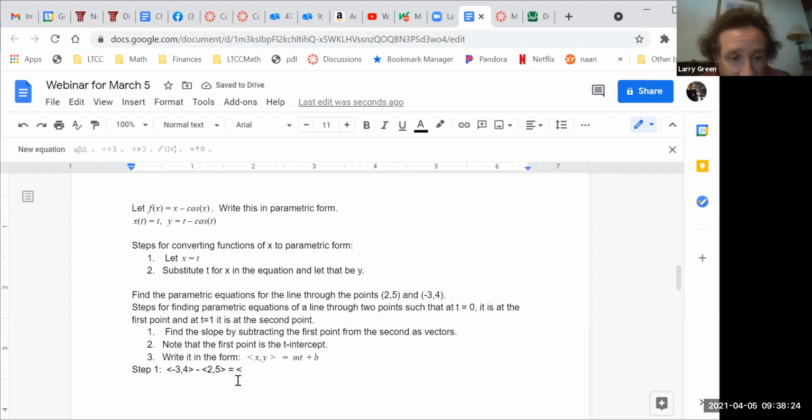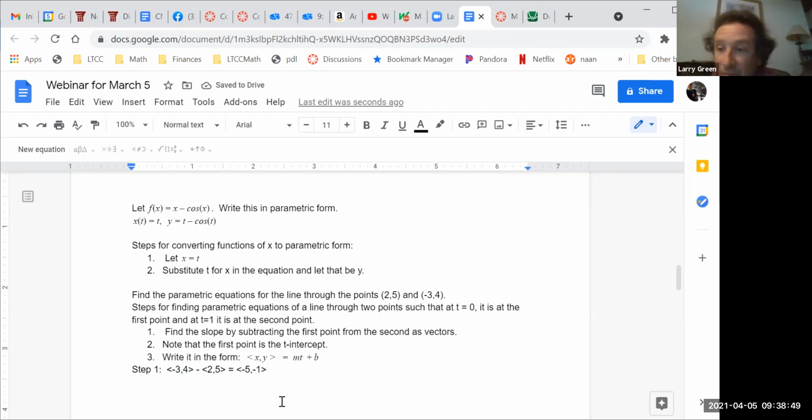So -3 minus 2 is -5. And 4 minus 5 is -1. And that's going to be the slope idea.